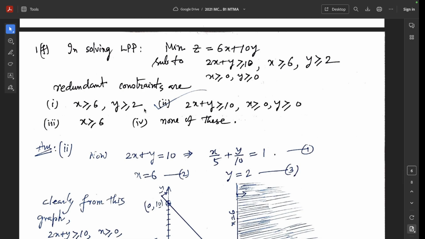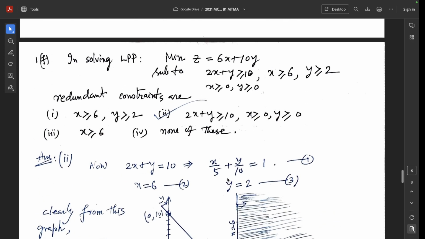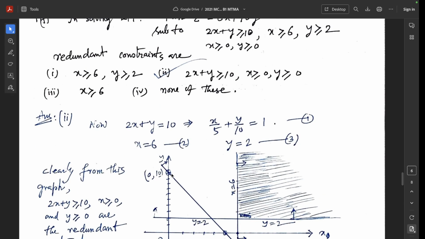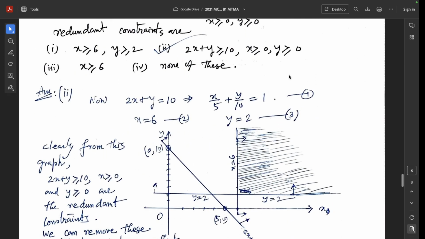If we draw the straight line 2x plus y equal to 10, this is 2x plus y greater than or equal to 10, so the region is in the direction opposite to the origin. And x1 greater than or equal to 6, this is x1 equal to 6, so greater than or equal to 6.